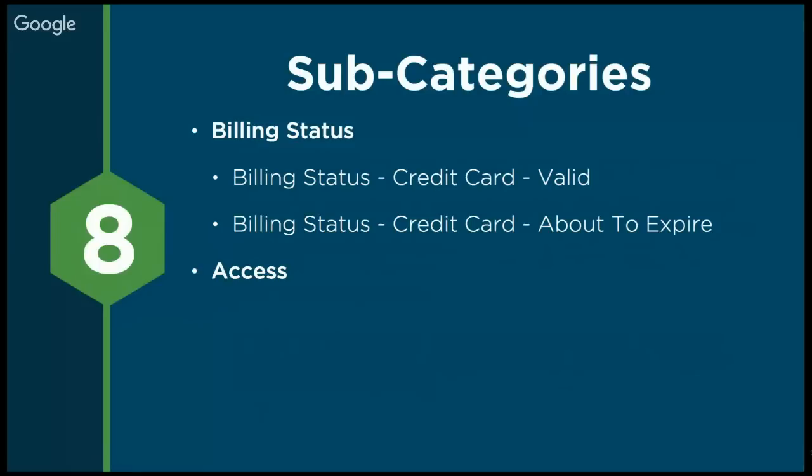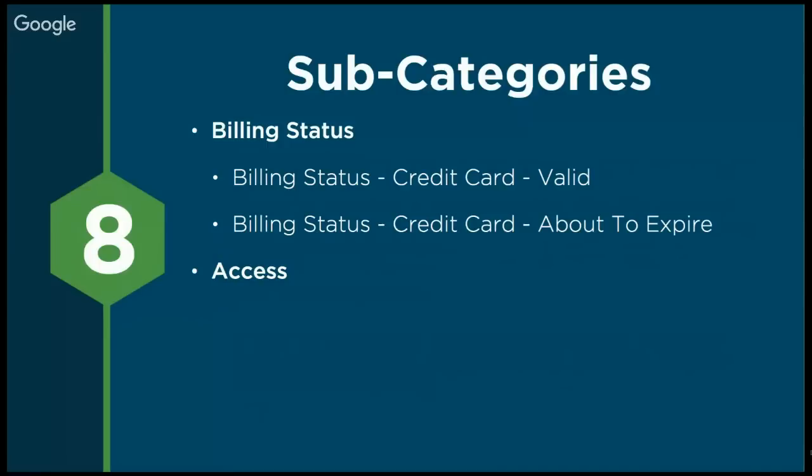Same thing with access. If you are using a membership site, you'll use tags to grant people access or to revoke access to particular content within the membership site. So I call that access. Access ends up being a subcategory of status because their status may change, right? They may have access today and not have access tomorrow, or they don't have access today, they sign up for something and then they're granted access.